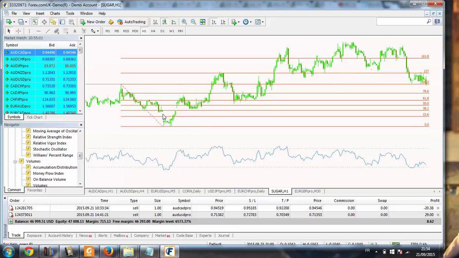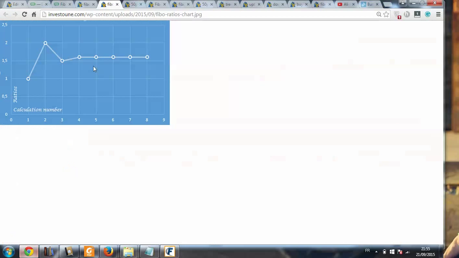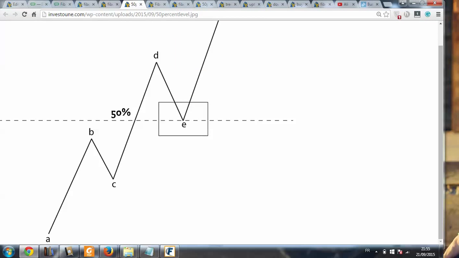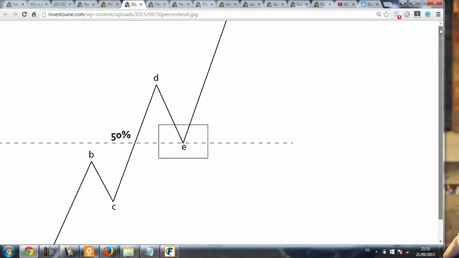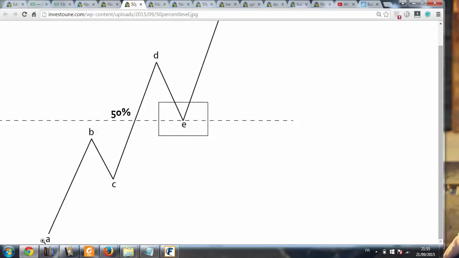The Fibonacci is quite simple. You can use it quite simply, but here I'm going to explain to you the 15% rule, that it is very important to know. So we have here an A, B, C, D pattern.